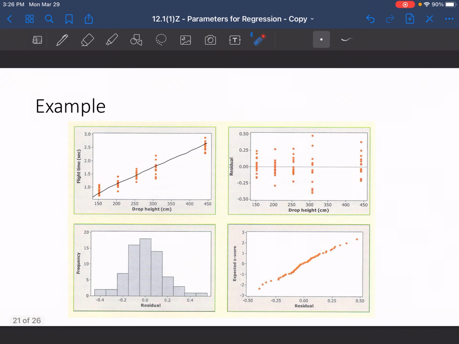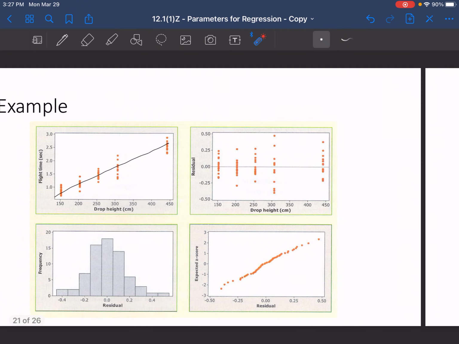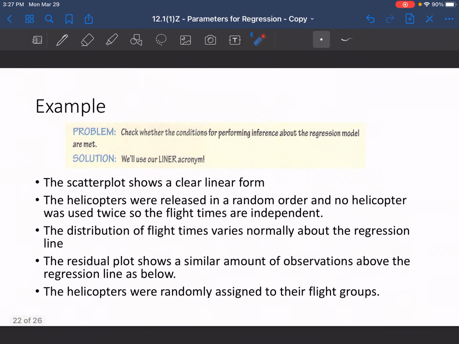So if we look at this residual plot right here, it's pretty hard to count because there were so many samples taken in this case and so much data, but what you're looking for is if there's the same number of dots above as there are below, then you pretty much have an equal standard deviation. And again, there's no pattern here, and as long as there's no pattern here, then you're probably going to be okay on that particular test as a whole. But you really want to check the residual plot in order to determine whether that test passes or fails.